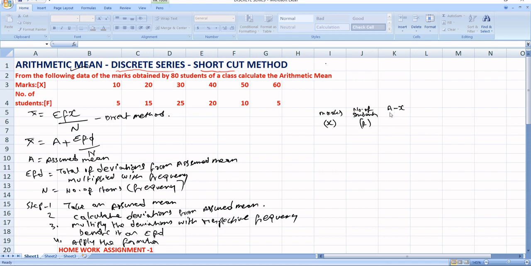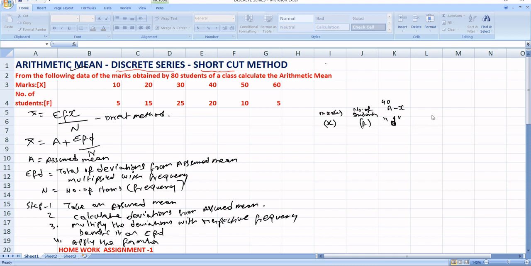Let me assume 40 as assumed mean. Take a round figure so that it is very easy for you to calculate plus or minus deviations. This is denoted as d, for deviations.